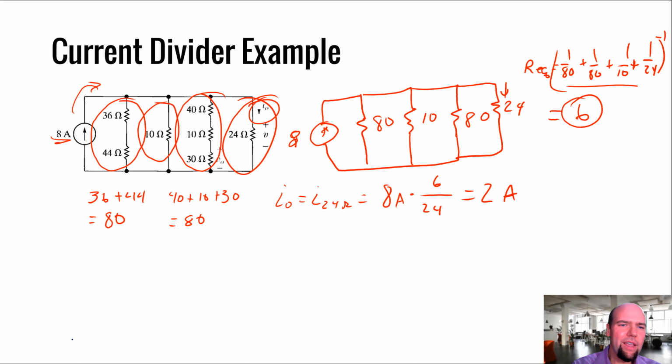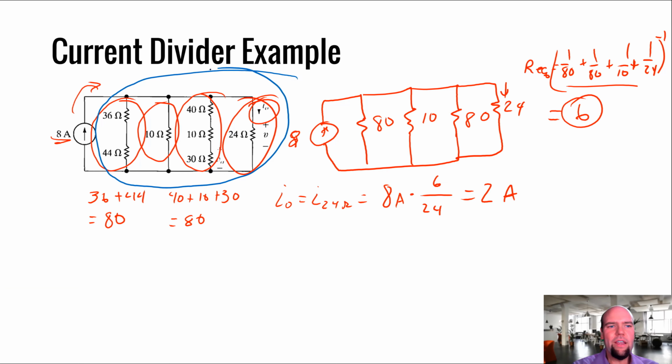So if we know that all of this is 6 ohms, and we have 8 amps flowing in it, then what's the total voltage across this whole shebang? Well, that voltage should be 8 amps times the equivalent resistance, which is 8 times 6, which should be 48 volts, right?